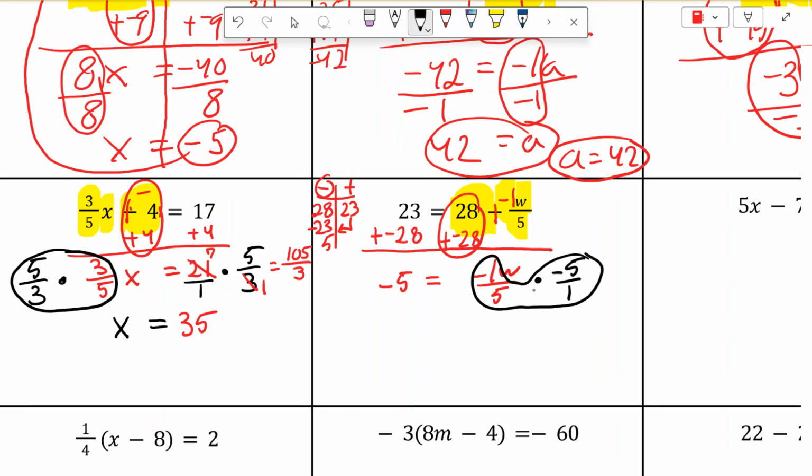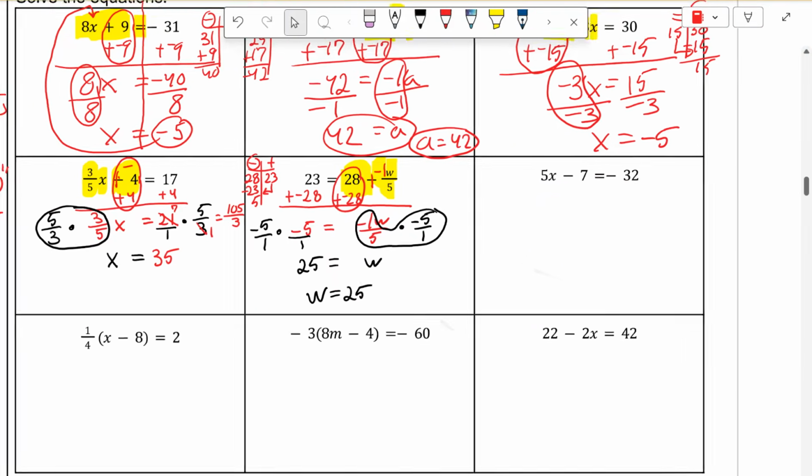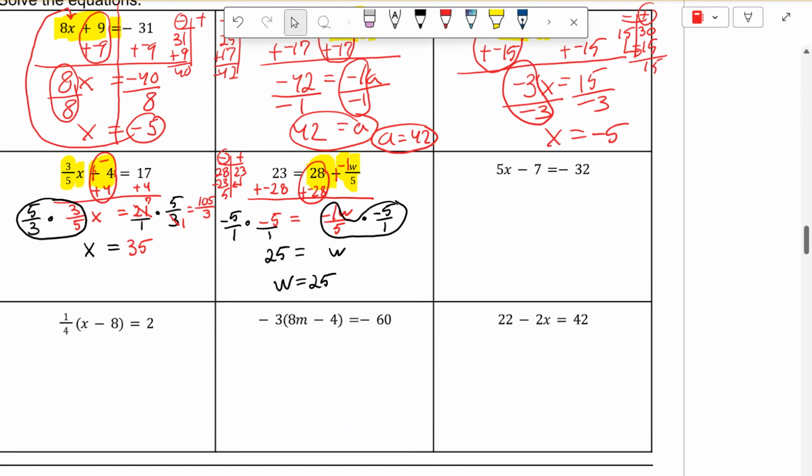And since it's working over here, we're going to do it to the other side. And w comes down. And -5 times -5 is +25. And we'll turn our answer around. W is 25. All right, try pausing the video and try this one out.